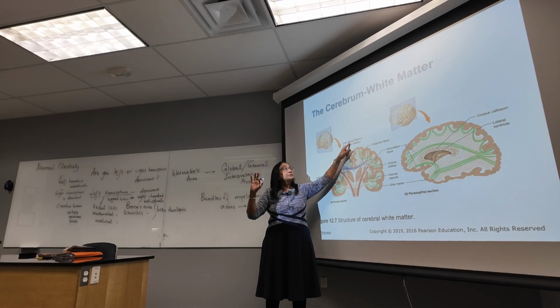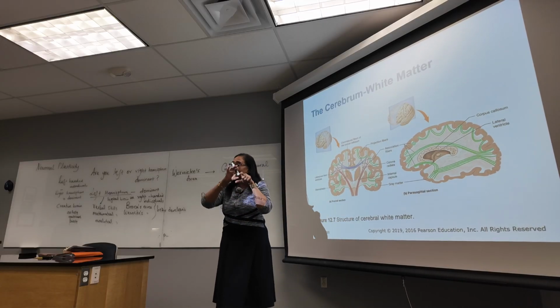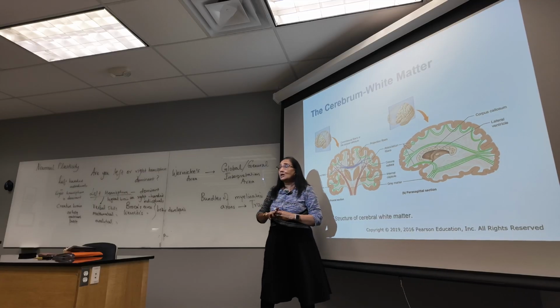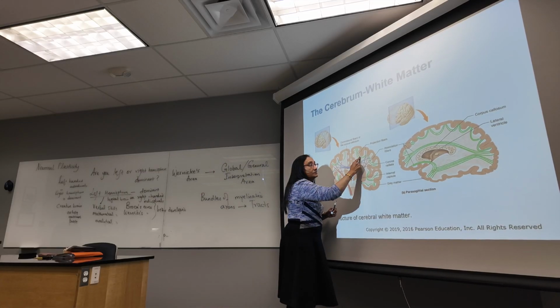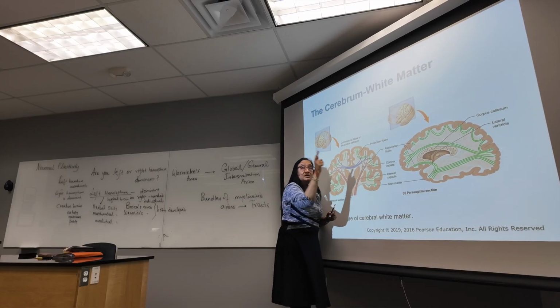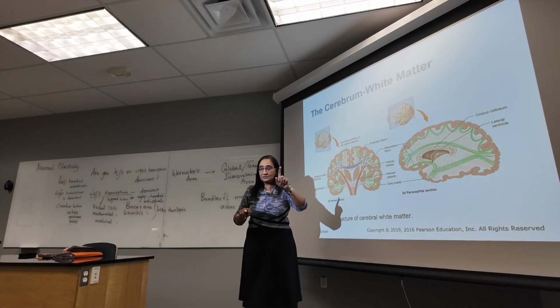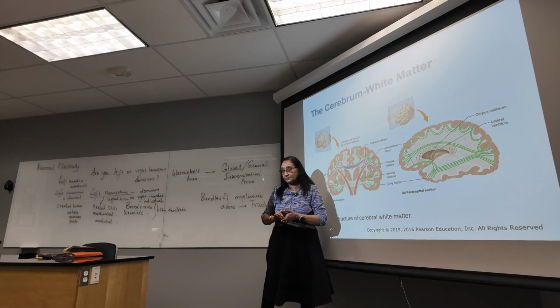You find it in the corpus callosum. What is it? It is just white matter, but these are fibers that are connecting the two cerebral hemispheres. Now, the myelinated axons that connect neurons in the same cerebral hemisphere are called association fibers, because they connect the neurons in the same cerebral hemisphere.